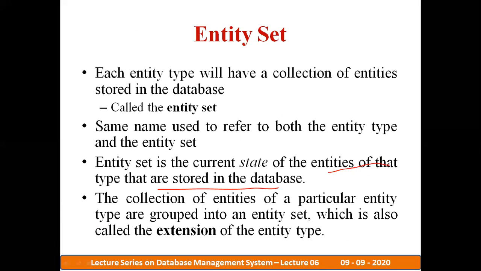An entity type is like a schema, or you can say the intension, whereas the entity set is an extension. That's why the collection of entities of a particular entity type are grouped into an entity set, which is also called the extension of an entity type.